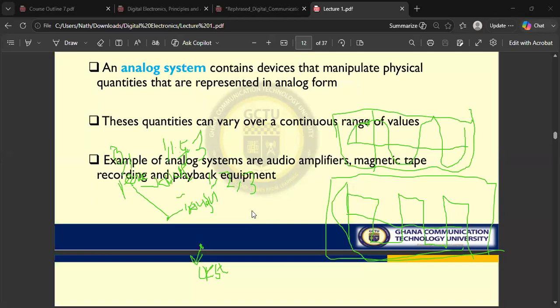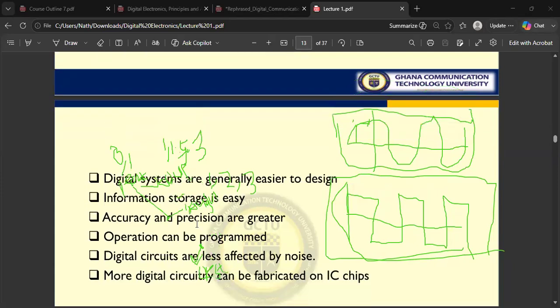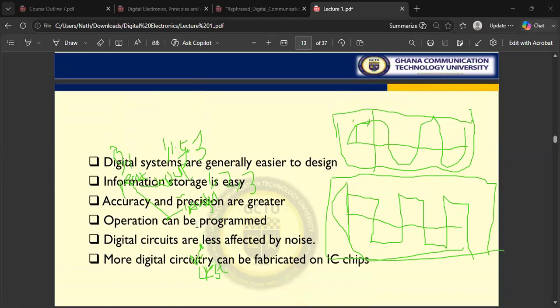And then, like you said, the systems are easier to design. Information storage is easy. Accuracy and precision are great, so the tendency to get accurate information is much higher in digital systems.